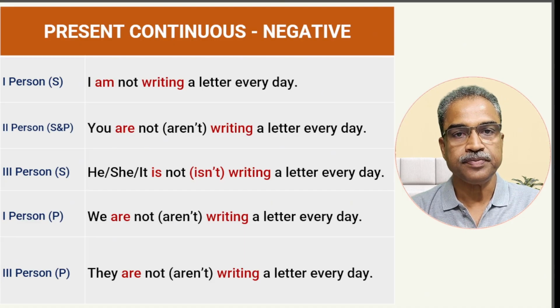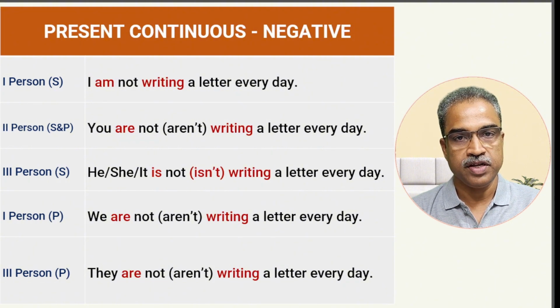Remember also, in the continuous tense, and for that matter, in every continuous tense, we need to use the main verb in its ing form. So write becomes writing, eat becomes eating, study becomes studying, work becomes working. So it continues like this. So I am not writing, you are not writing, he, she, it is not writing, we are not writing, they are not writing.